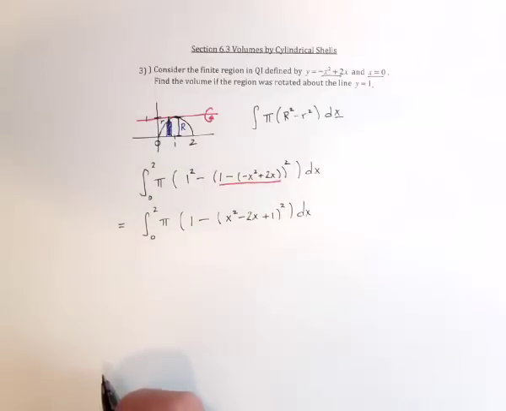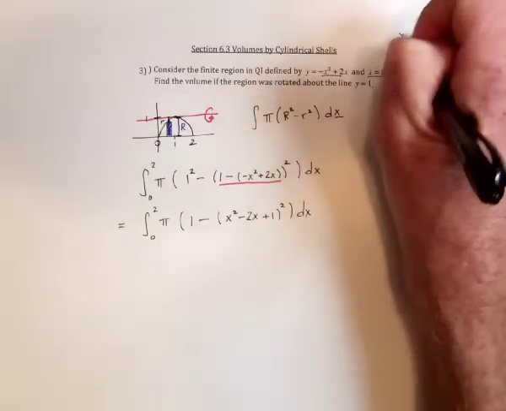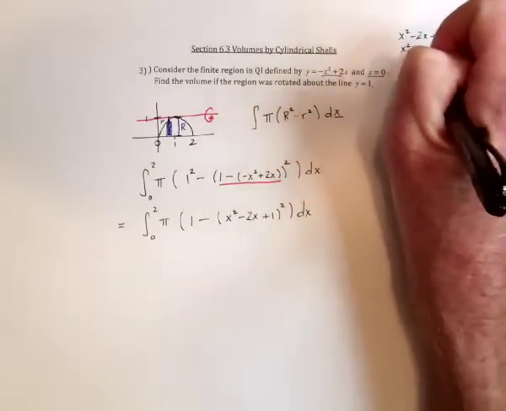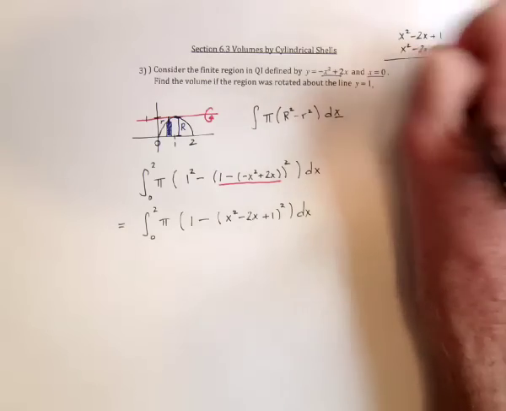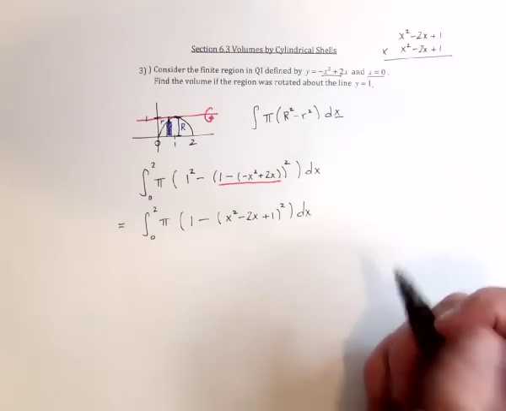And then I need to square that. Or over here in the scratch paper, I could say x squared minus 2x plus 1 times x squared minus 2x plus 1, and sort of use long multiplication, reminding me of 3rd grade.